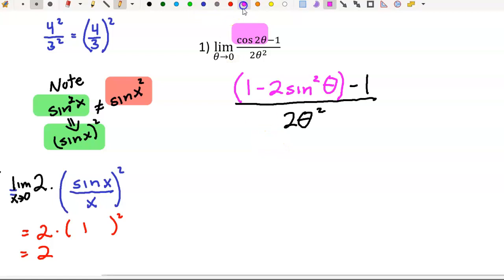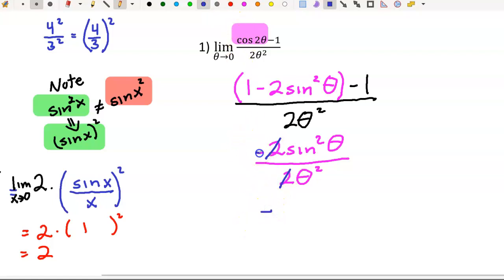Okay. So that's simplified, and we got just negative 2 sine squared theta. And we do have a 2 over 2 right here, so we could cancel those out. That's okay.